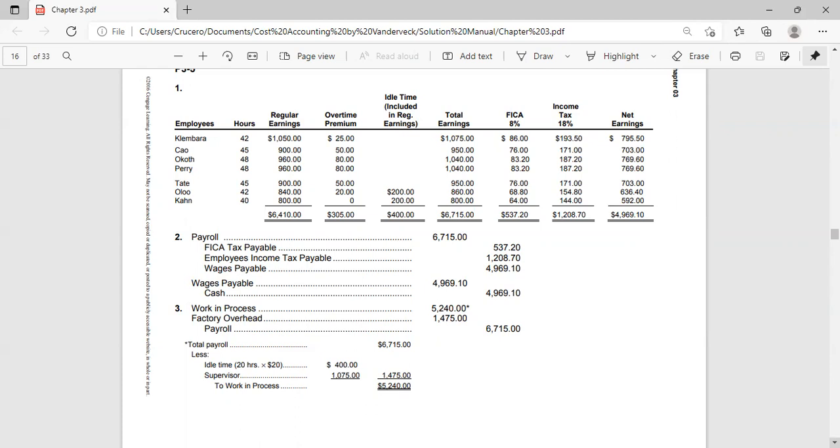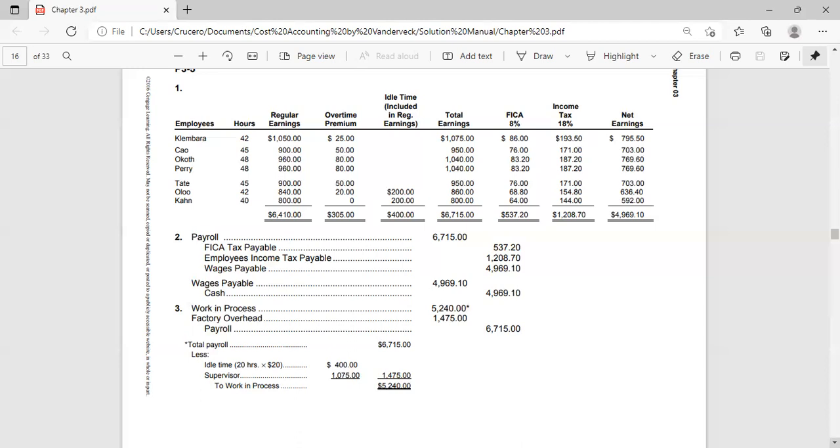A rush order was accepted by Barclays Conversions for 5 van conversions. The labor time records for the week ended January 27 show the following: hours not worked on vans are idle time and are not charged to the job. So meaning hours not worked are considered as idle time and are not charged to the job. So we have now the employees.